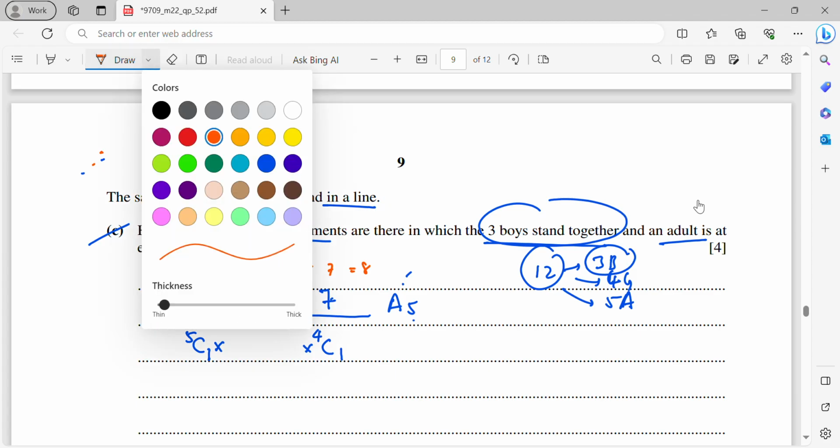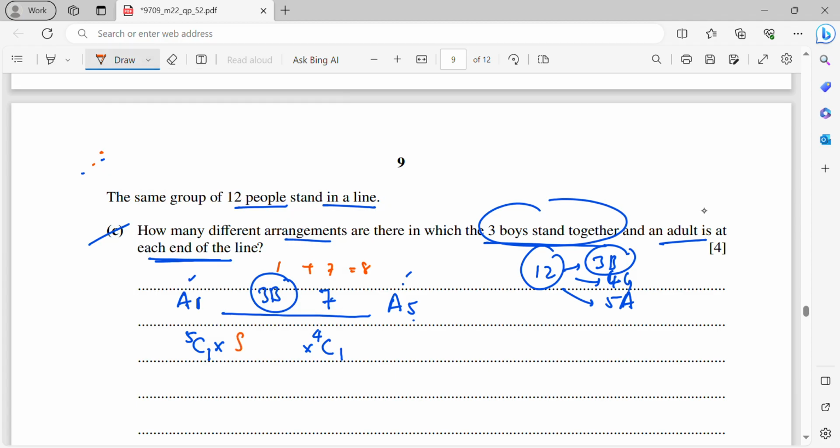So I will write 8 factorial to arrange these 8. And then don't forget this 3B can be arranged among themselves, so 3 factorial is to arrange the 3B. When you calculate this, you will get 4838400. So this will be the number of arrangements.